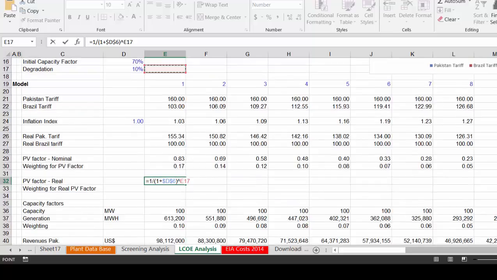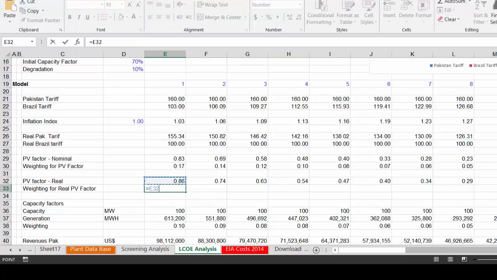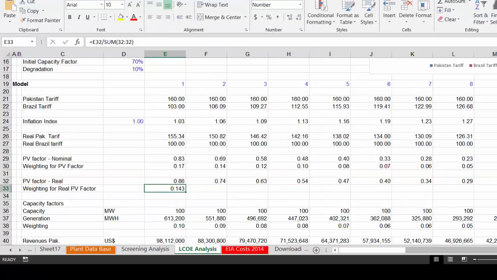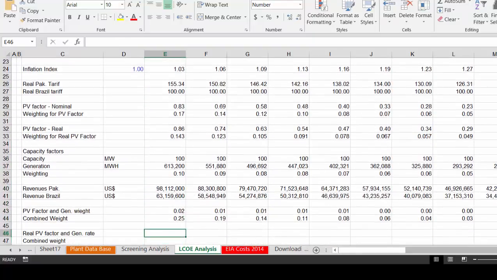This just gives us our relative value for each year, but we've got to convert it into something that allows us to get the weighted average. We've already got the generation weight, so we take the generation weight up here and multiply it by the real factor, not the nominal factor.